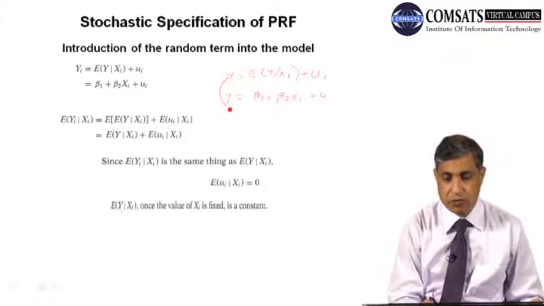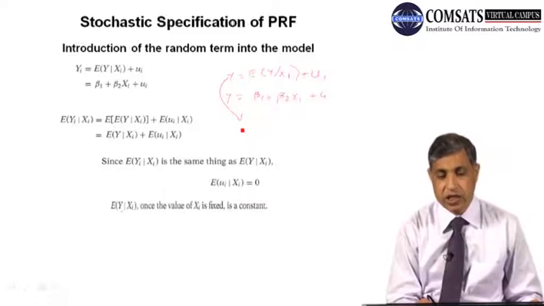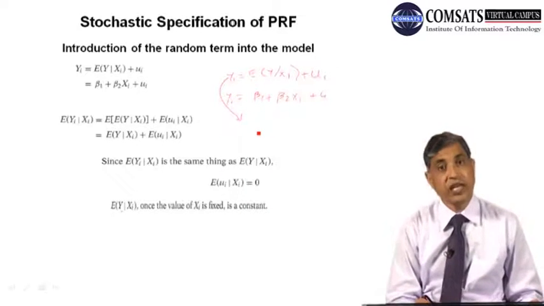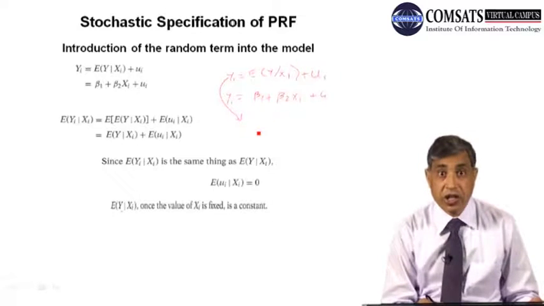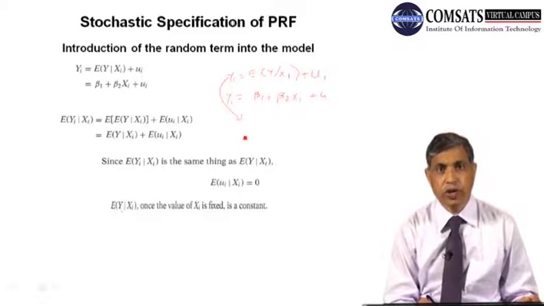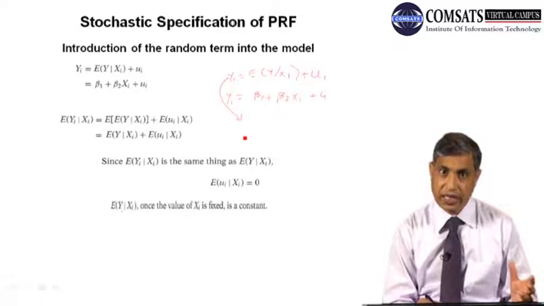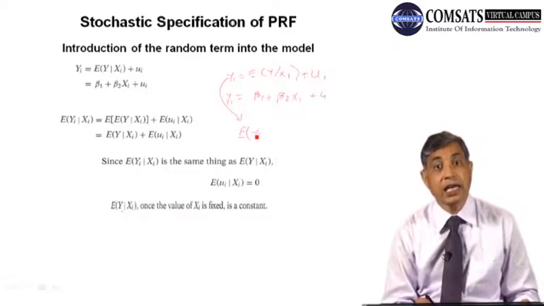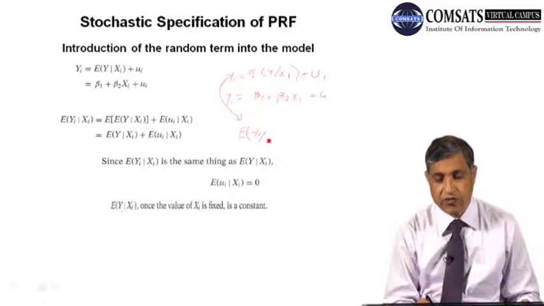If I apply the expectation on this function, this is yi, this is also yi. Definitely it is a mathematical concept, and I am sure you have knowledge of the basic expectation approach. If I apply the expectation on both sides of the above equation, it will become yi, and if I apply the conditional expectation, it will become yi given xi.